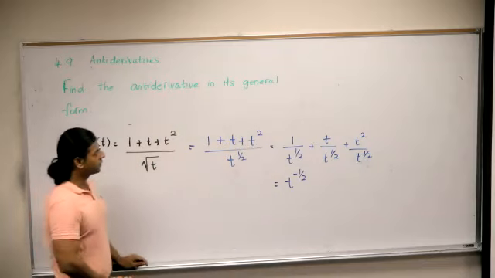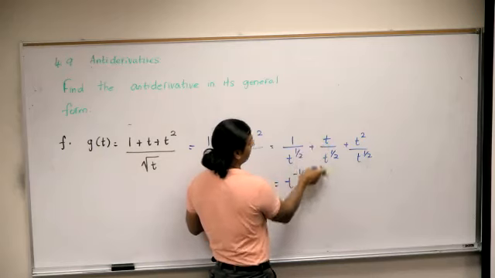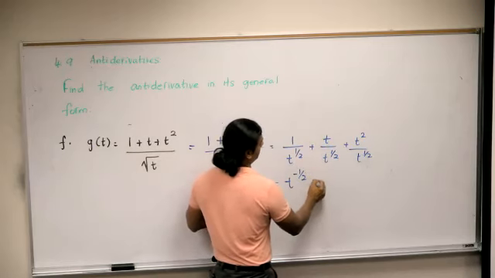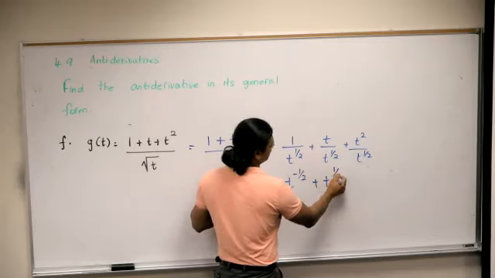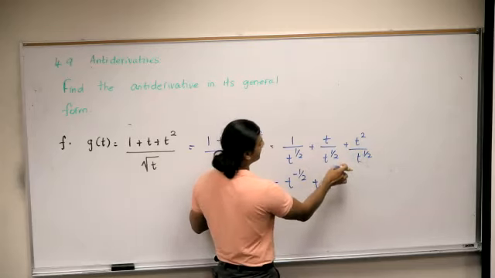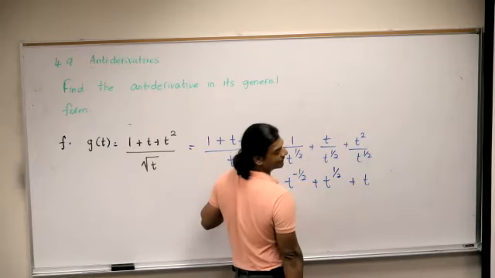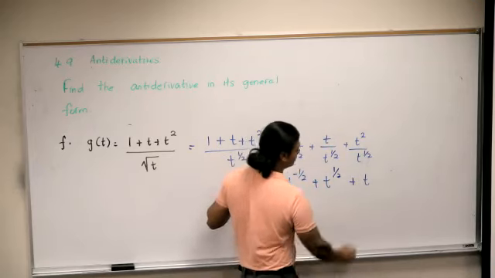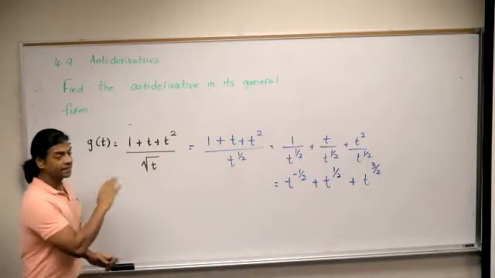t raised to minus 1/2. What happens here? You subtract the powers, 1 minus 1/2. Next. Yeah. Good. Are we done yet?